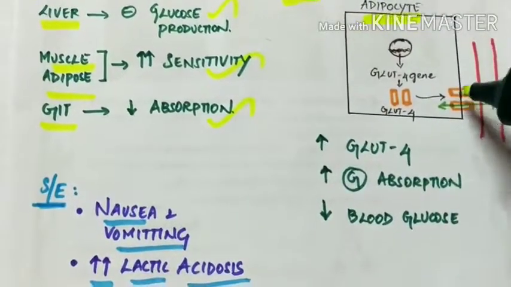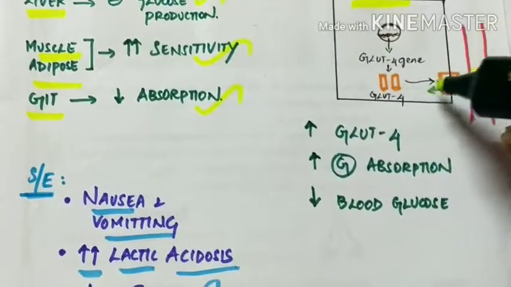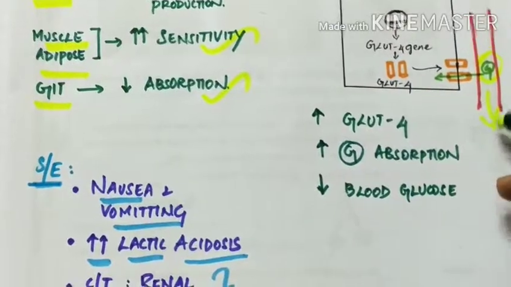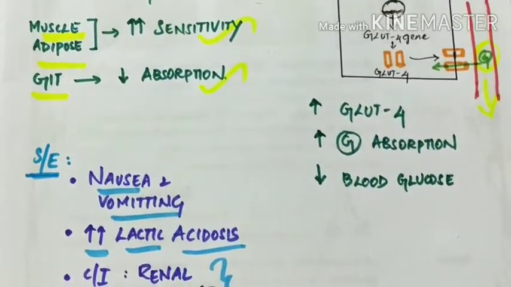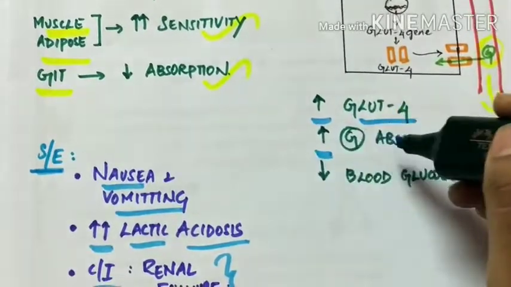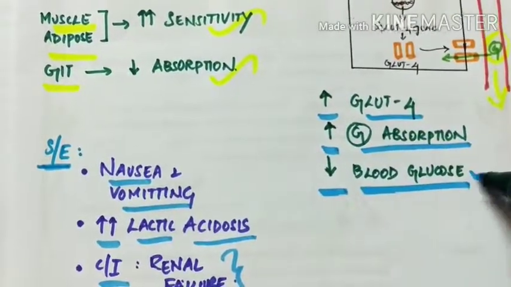As their concentration increases, more glucose from the blood is transported into the adipocytes. So it thereby decreases the blood glucose level.